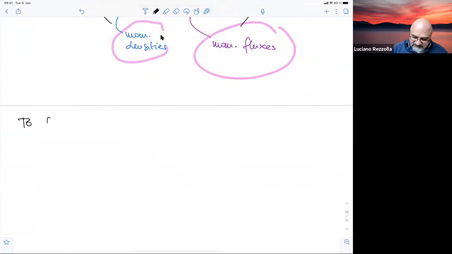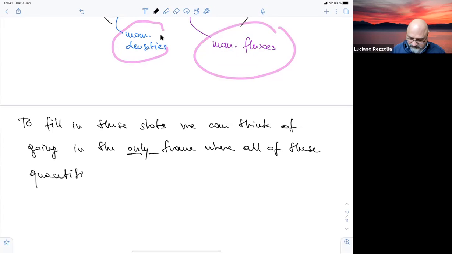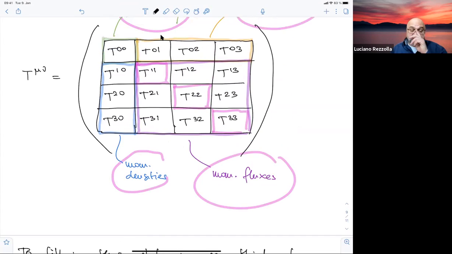So to fill in these slots, we can think of going in the only frame where all of these quantities are well defined. Okay, if you think about it, even the first one, the energy density, what does the energy density mean?